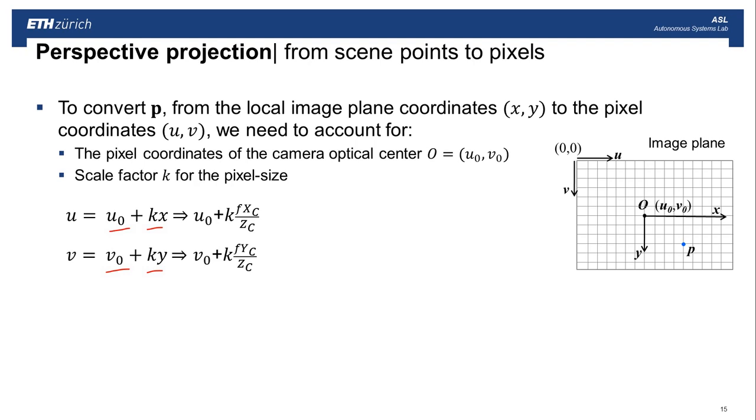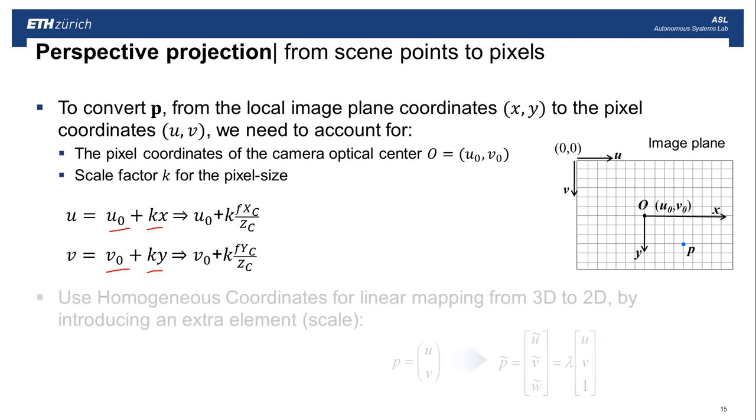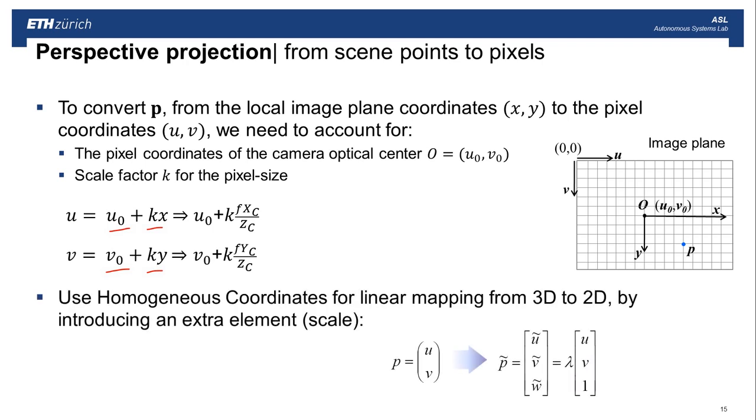Now, as you can observe, these equations are nonlinear in x, y, and z. To avoid dealing with nonlinear equations, it is very common in computer vision to use homogeneous coordinates. Homogeneous coordinates allow a linear mapping from 3D to 2D by introducing a third coordinate to the image point. P tilde denotes the homogeneous representation of p.